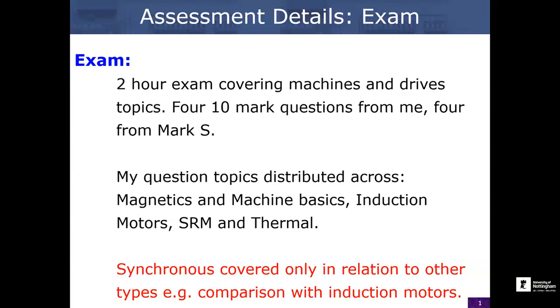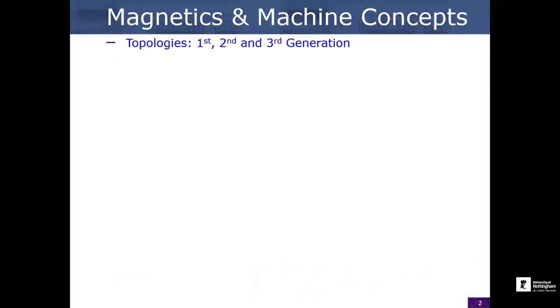So, as I said, next I'm pulling out some key topics of the kind of material that's important. From the first couple of weeks of material, we talked about some things. These are overall broad topics we covered: things like topologies, going from first to the second and third generation of machines.